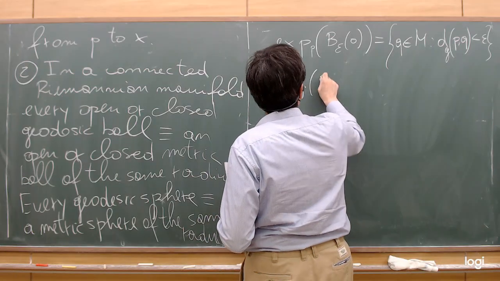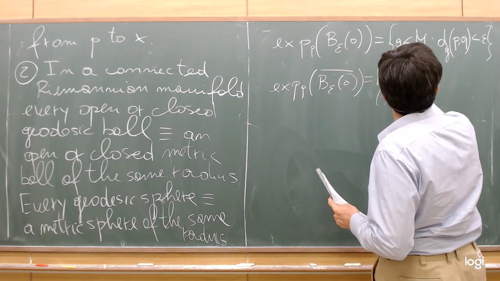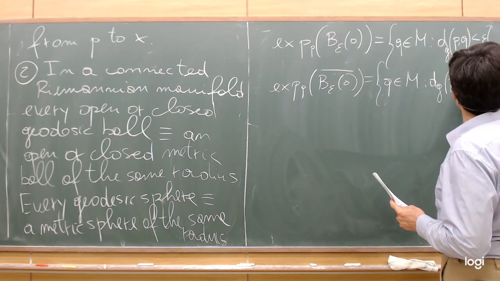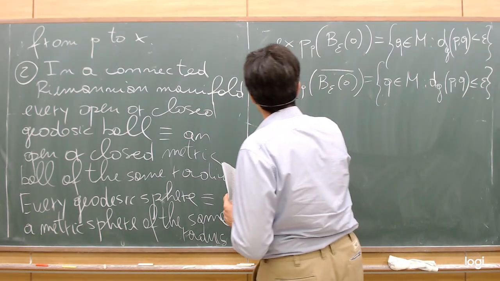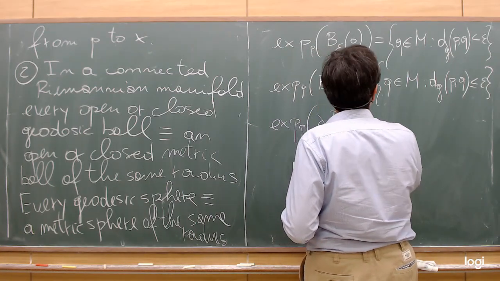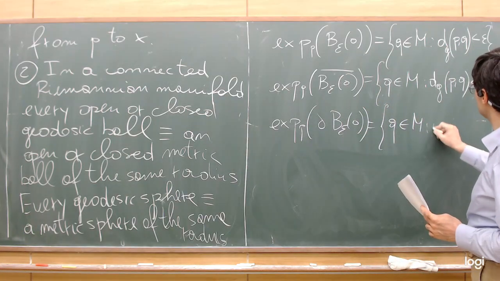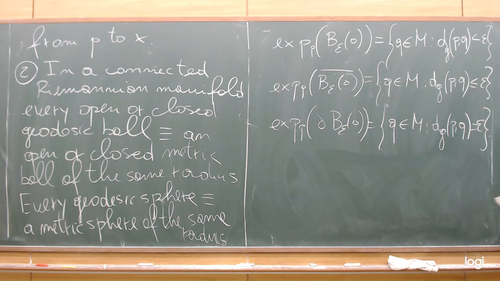Exp of B epsilon 0 closed, this is Q in M such that the distance is more or equal than epsilon, and exp of this is Q in M such that the distance is epsilon. Okay, let's stop here. Thank you.